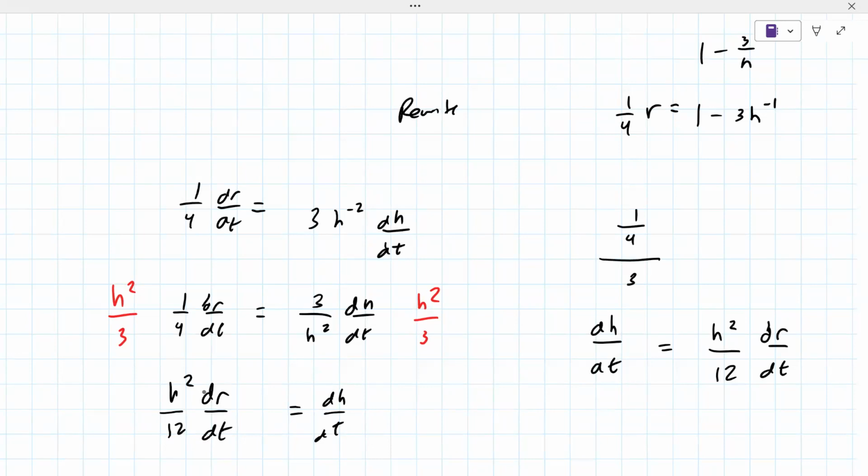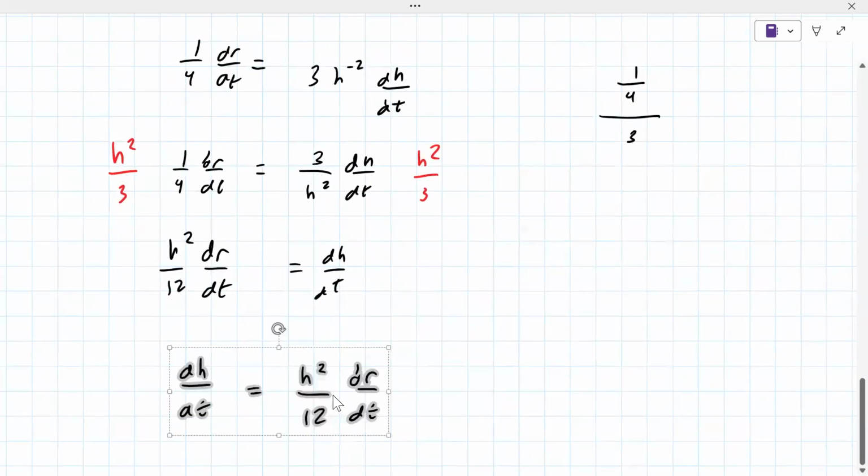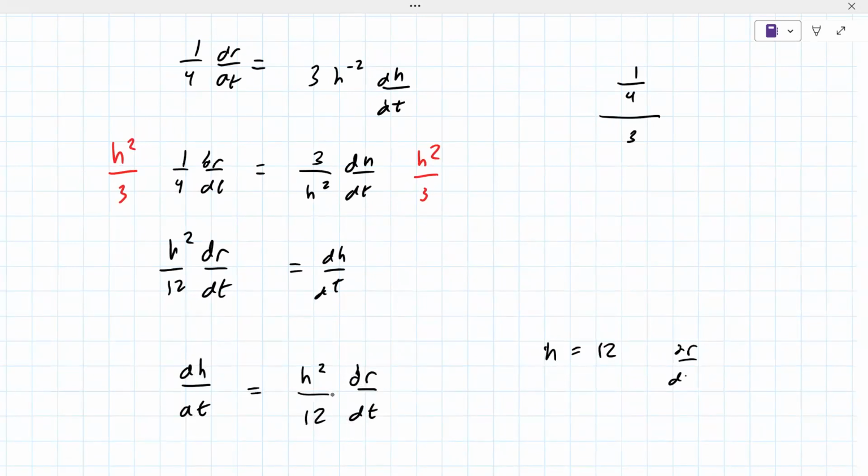Okay, that makes sense. All right. So then you got to put the numbers in. Go back to the original. h was given as 12. dr/dt was given as 1/4.